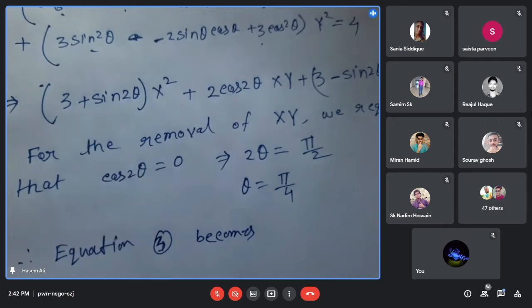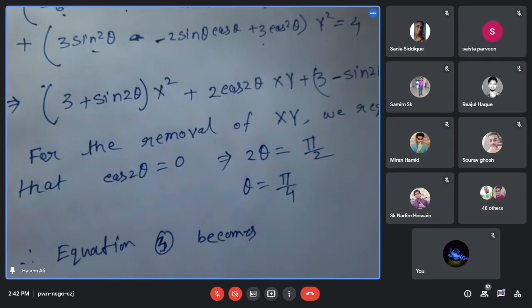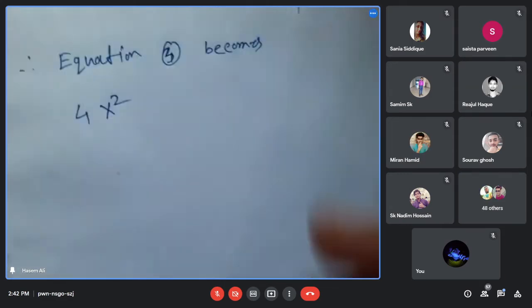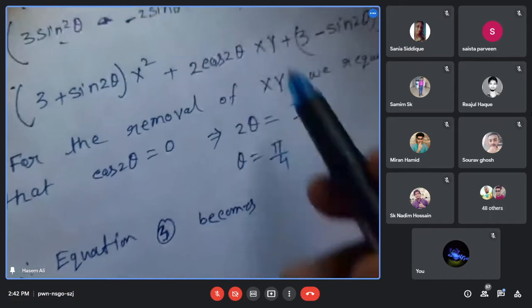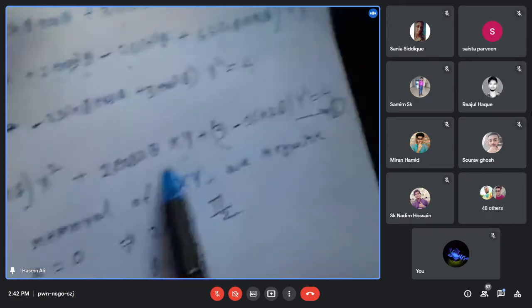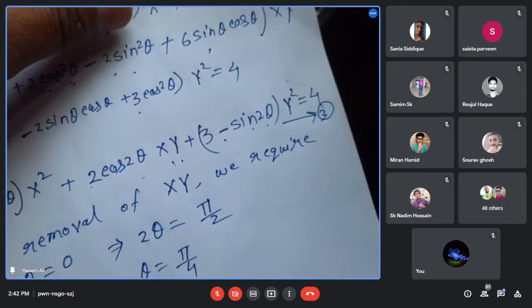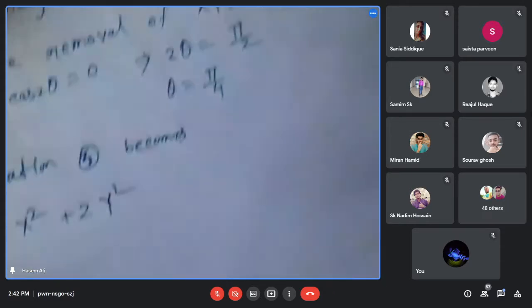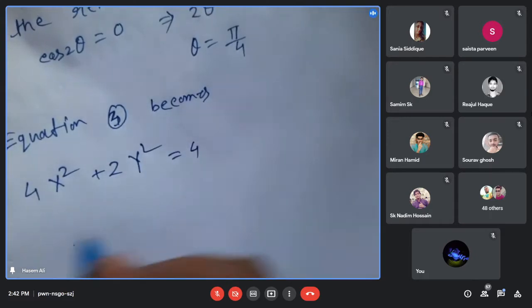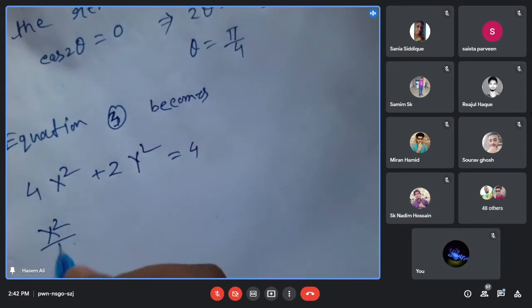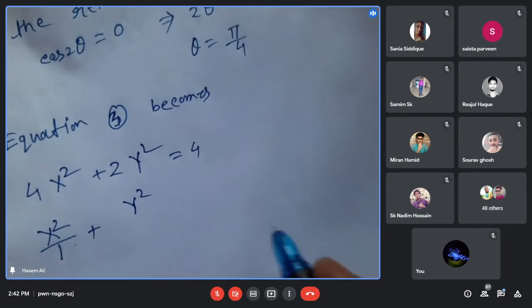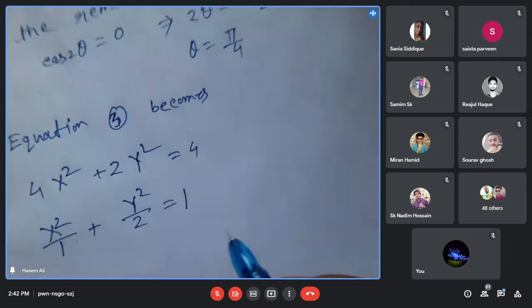So 3 plus 1, that means 4x square. Now the middle term is 0. And here 3 minus 1, that means 2y square equals 4. So x square by 1 plus y square by 2 equals 1.